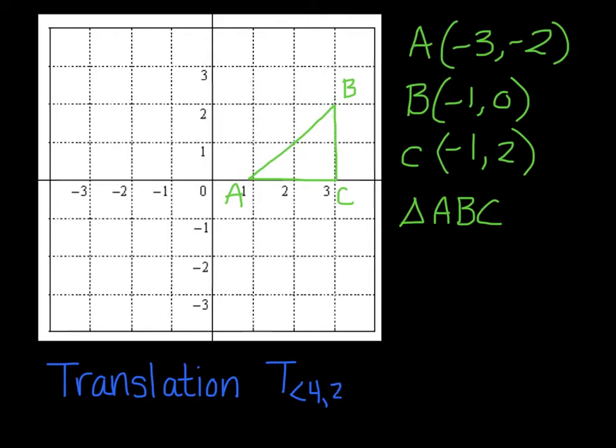Up and over, so this would be the rule. I'd say translation 4, 2 of triangle A, B, C.